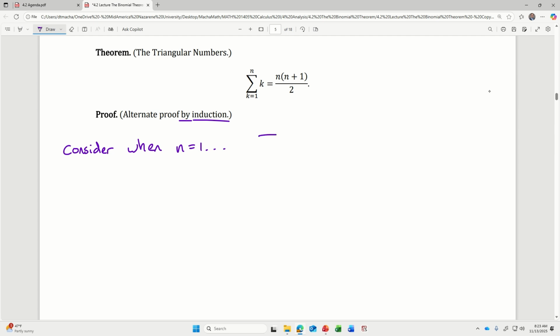Well, when n is equal to 1, the left-hand side of this equation is going to be a sum that includes only one term, where the term looks like the number 1.